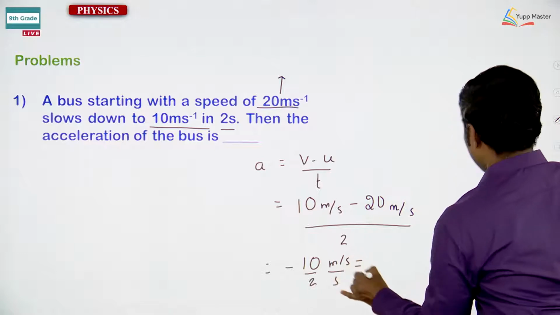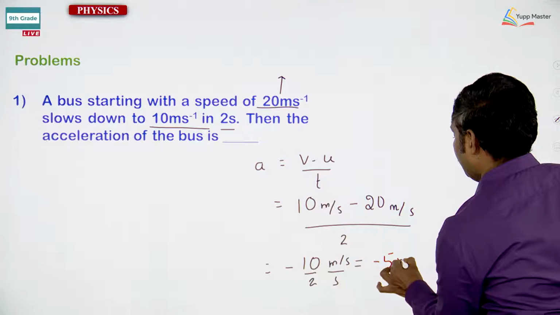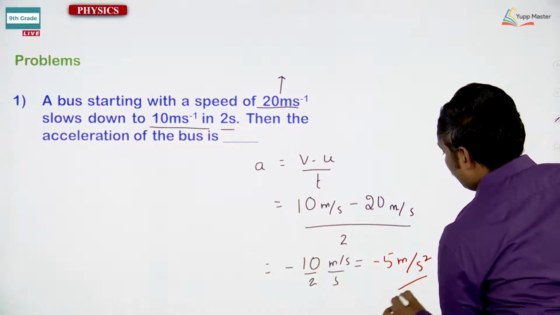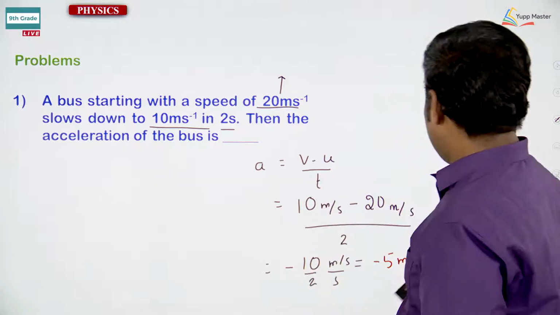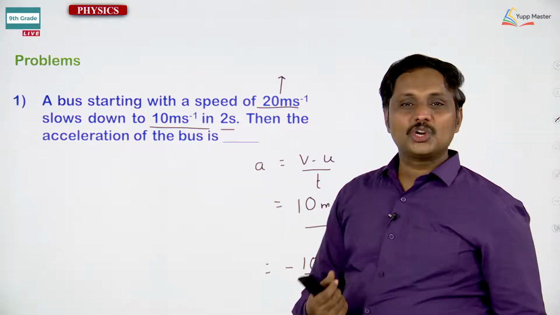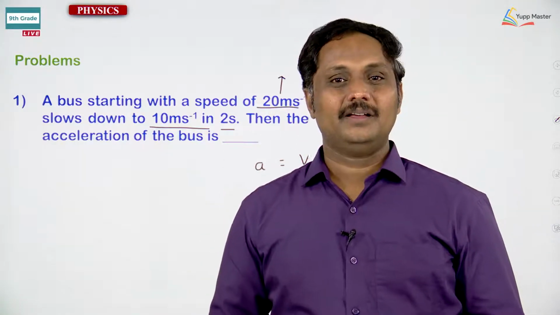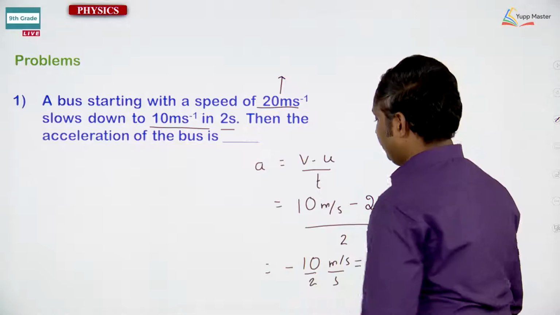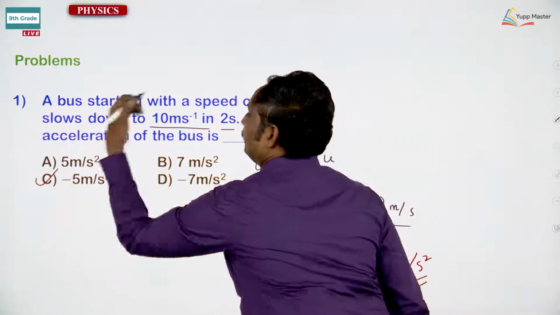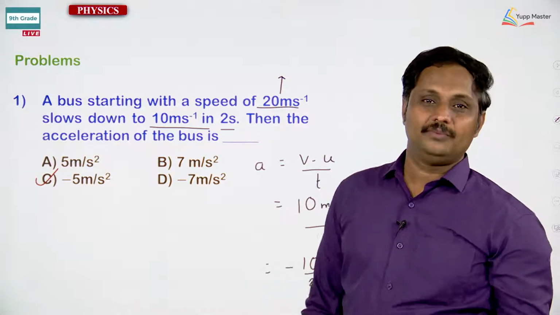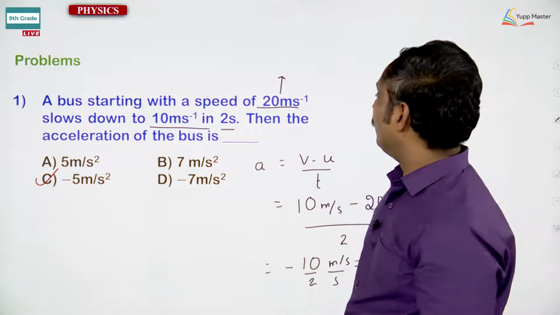So you can easily identify that it is minus 5 meter per second square. What does that negative sign indicate? Deceleration. With respect to time, the speed is going to decrease. Then we can confirm the answer, that is minus 5 meter per second square.